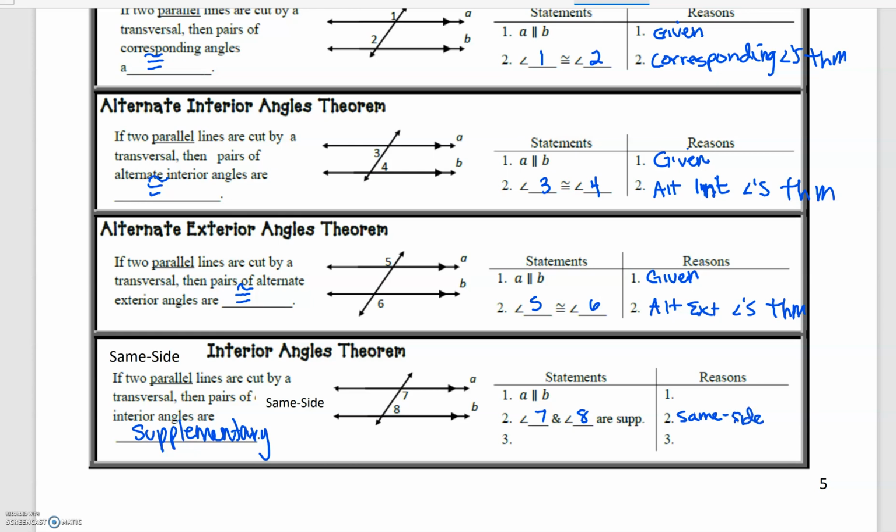And if something is supplementary, we know it adds up to 180. So we could say the measure of each of those angles adds to 180 by the definition of supplementary.